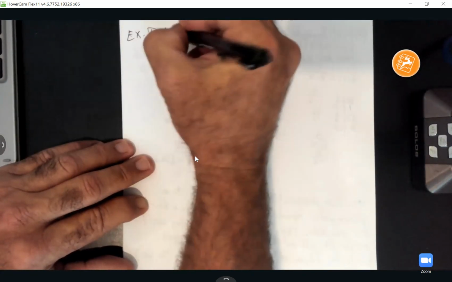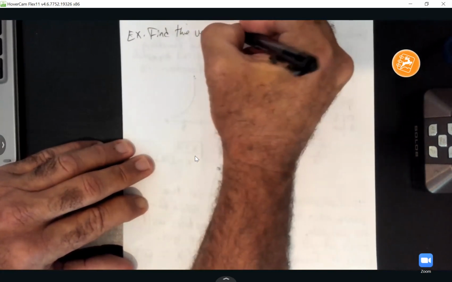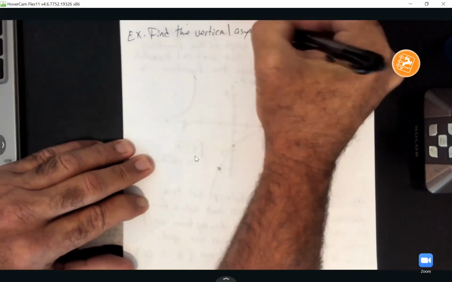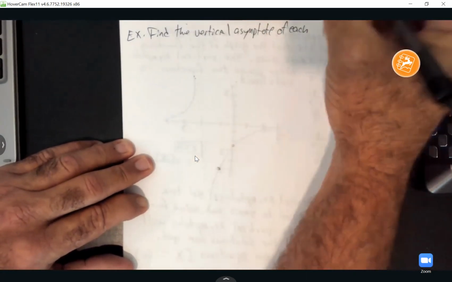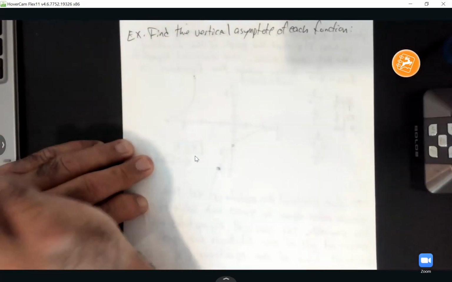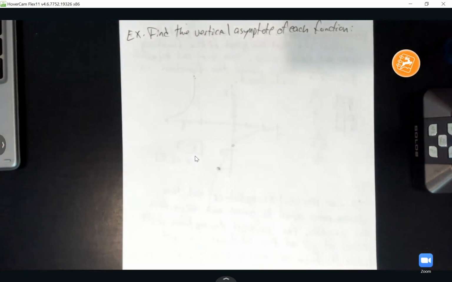All righty, so these will say find the vertical asymptote of each function. So y'all, let me see what I'm on. Looks like my number 3.